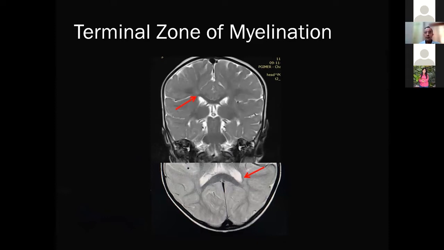The first and foremost is the thin rim of normally myelinated T2 hypointense white matter between the ependymal surface and the terminal zone of myelination.